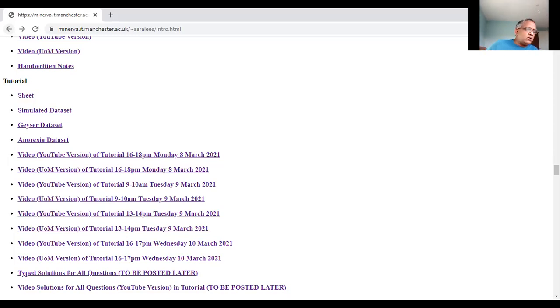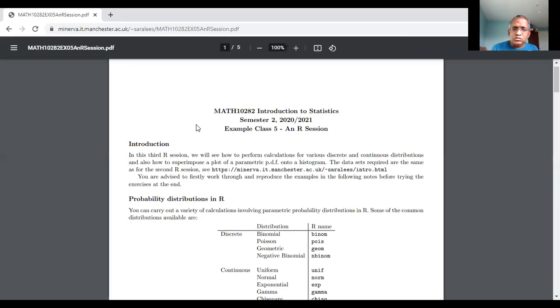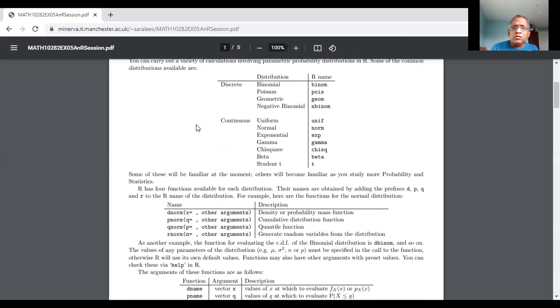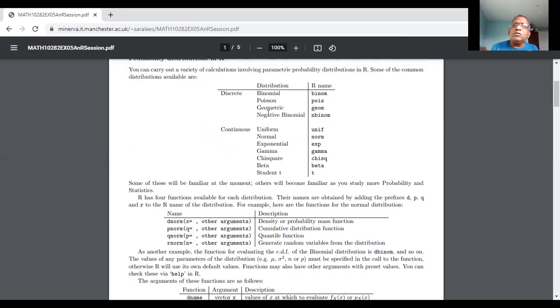All right, guys. So I'm going to take you through the different commands, right? But before I do that, let me show you the first page. The first page of the tutorial sheet contains this table, right? R has many distributions.